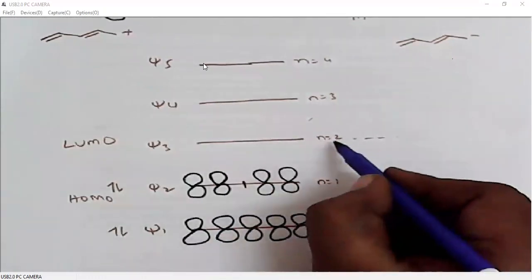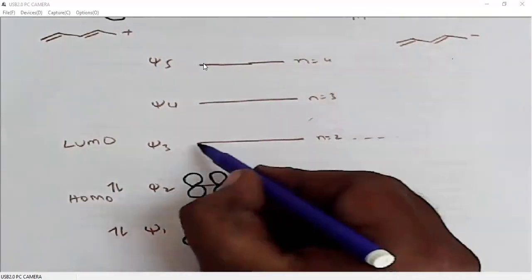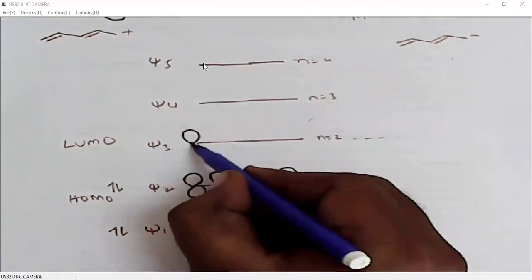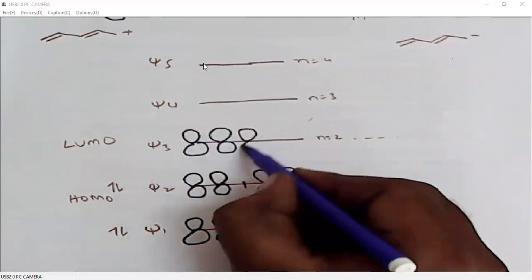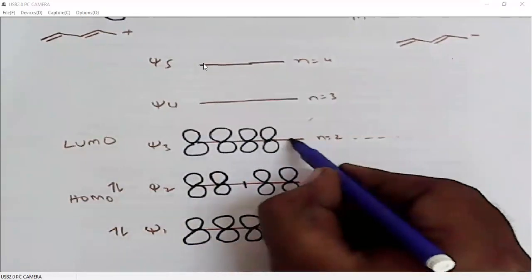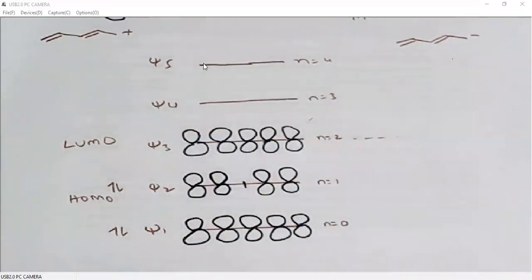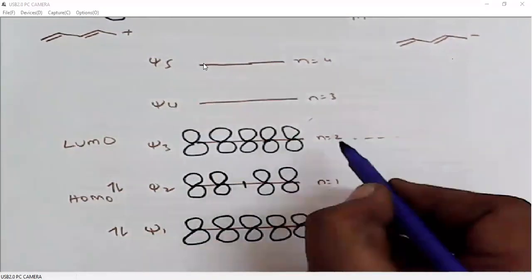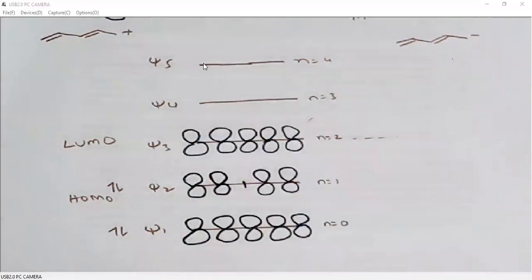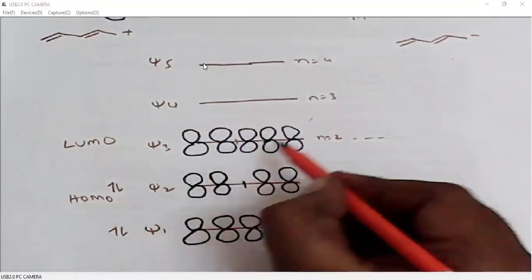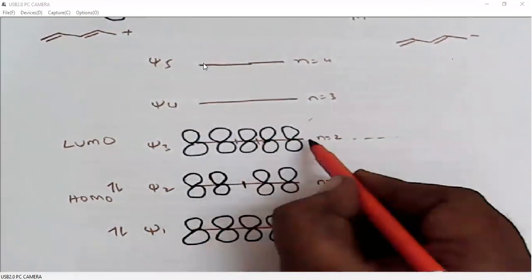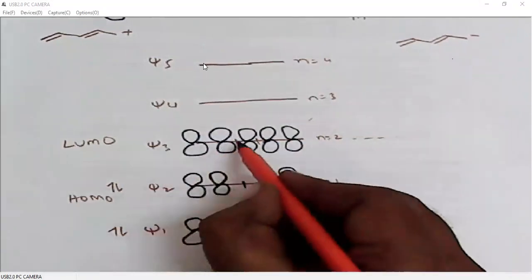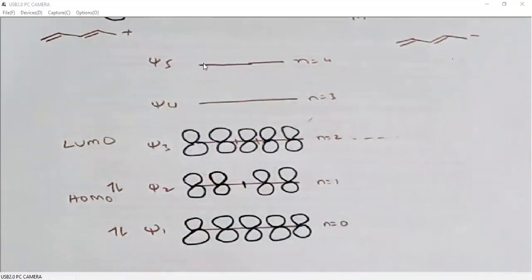Similarly, when we have 2 nodes, of course, 2 nodes can be distributed symmetrically. As I said, take the 5 orbitals, then try to distribute the nodes symmetrically. We have 2 nodes, right? So we can place one node after 2 orbitals from the left side, and one node after 2 orbitals from the right side. Then it represents something symmetrical.